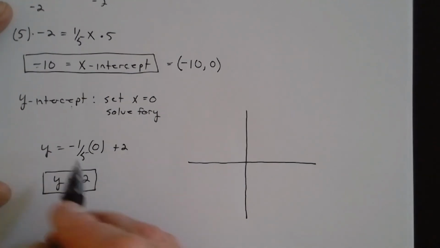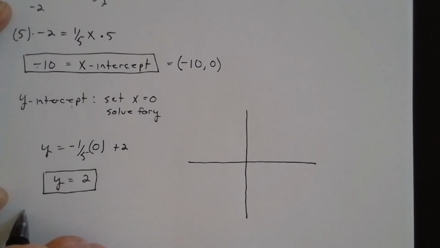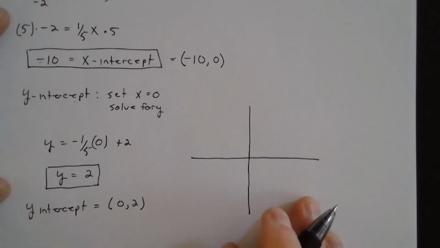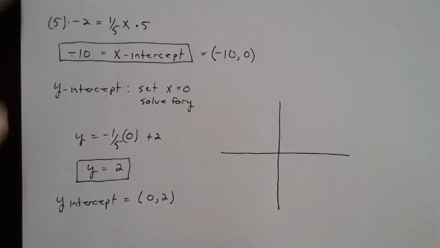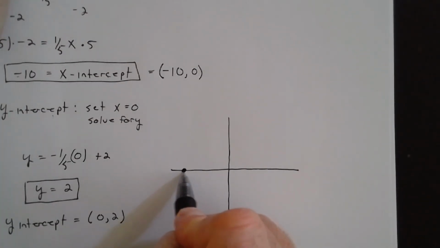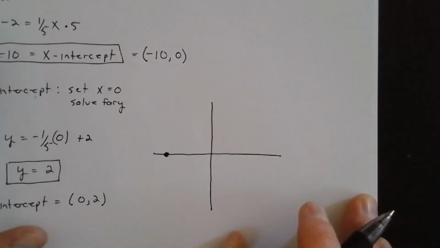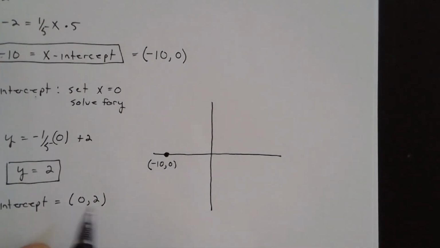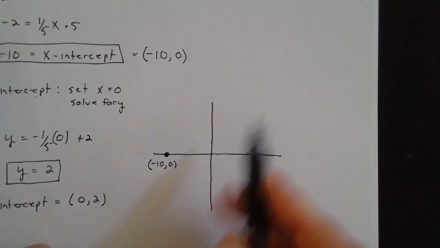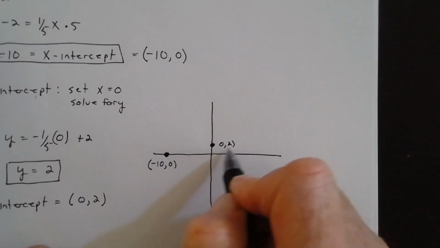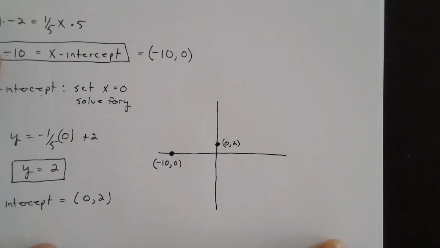And y is equal to 2, so our y-intercept is just 0 and 2. So negative 10 and 0, and 0 and positive 2.